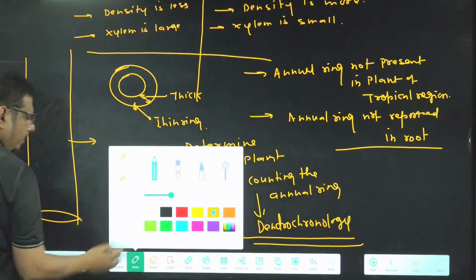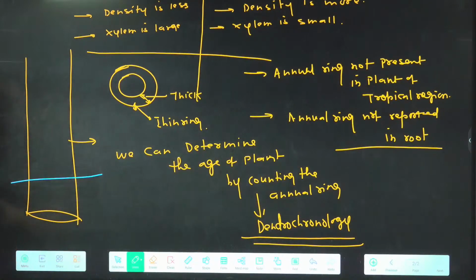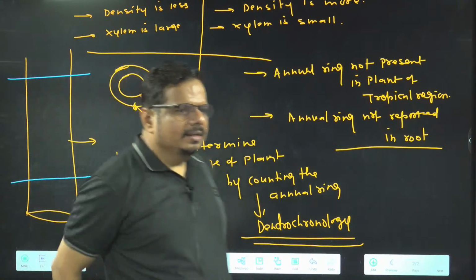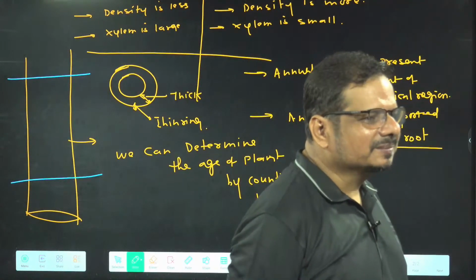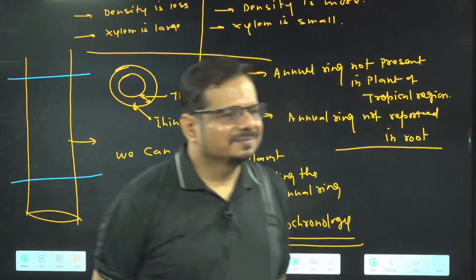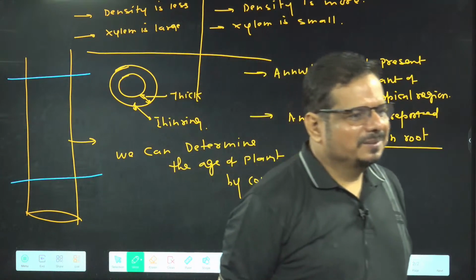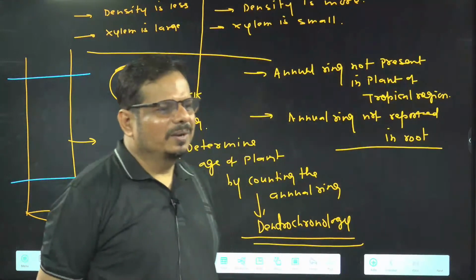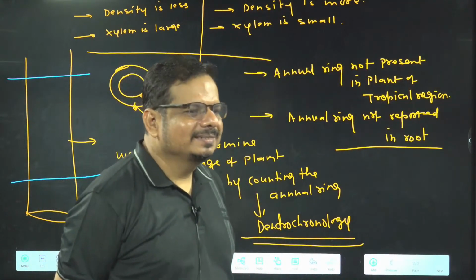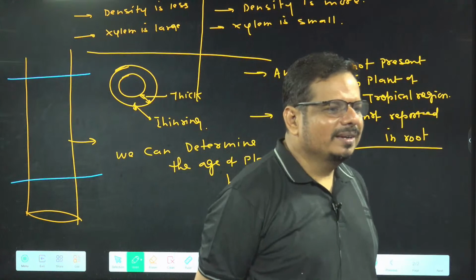Now if I am cutting the TS here, or I am cutting the TS here, upper and lower, in both places are the number of annual rings same or different? One answer came: same. What is the opinion of the other students? Number of annual rings is same.